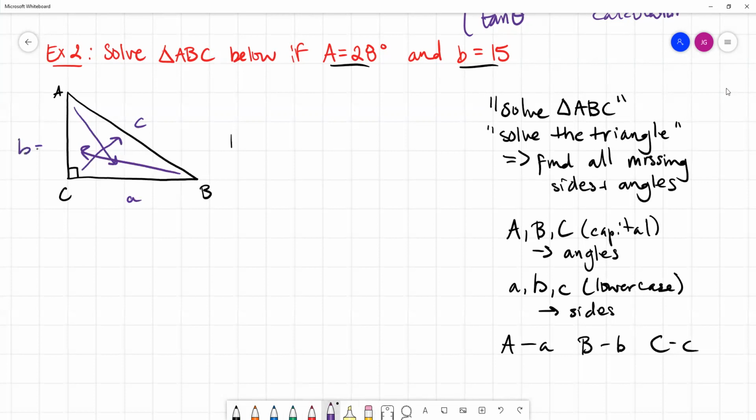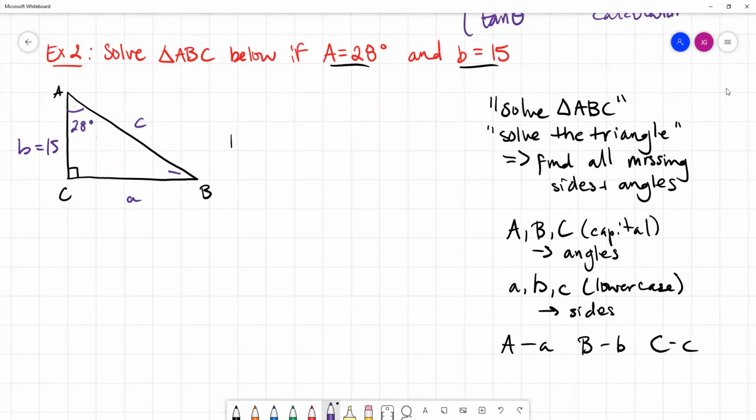Okay, b equals 15. And then I know that the angle up here, A, oops, I took out pieces of my triangle. There we go. We know that this angle is 28 degrees.